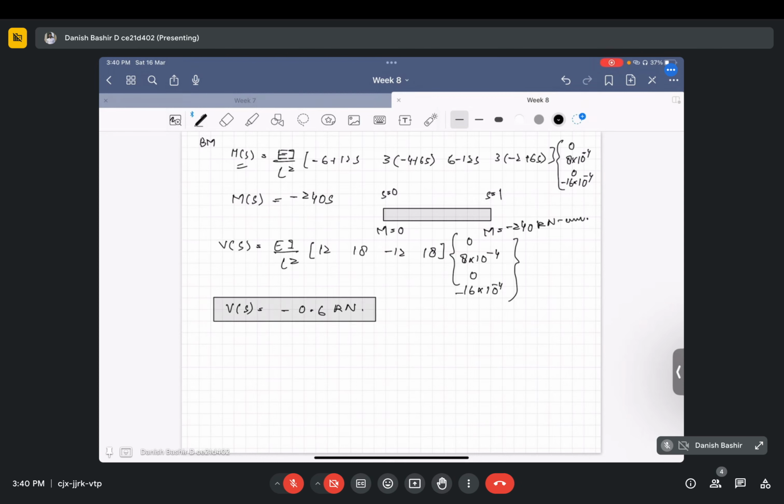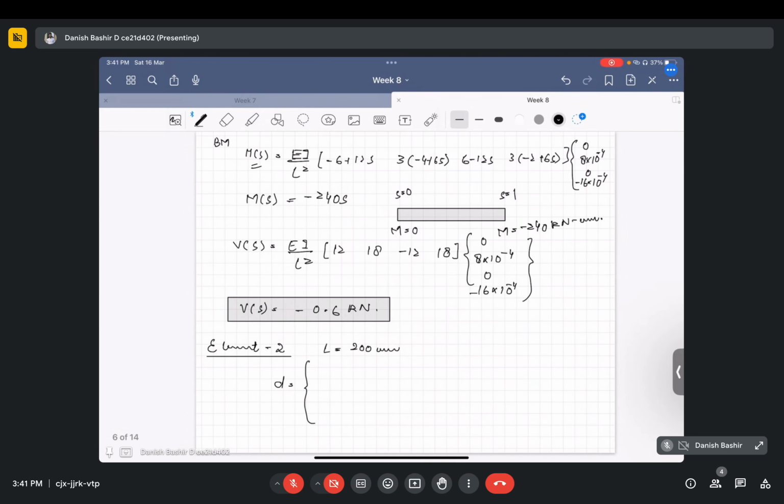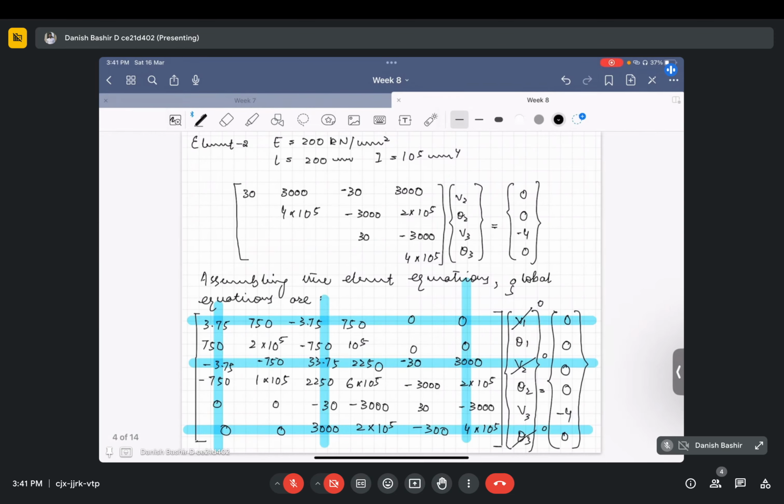For element 2, what are the nodal vectors we got? We already know we have an element length of 200 mm, and our nodal solution D for that one came out to be, if you look here, what was the D here?